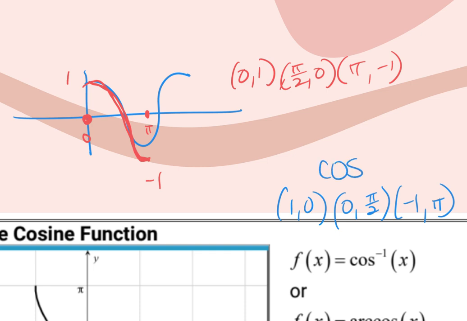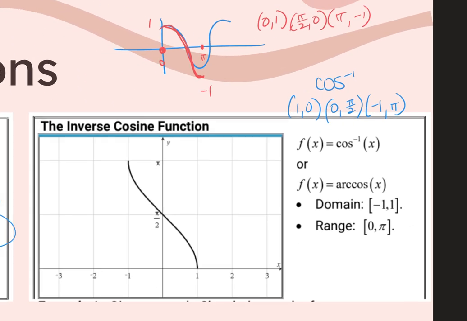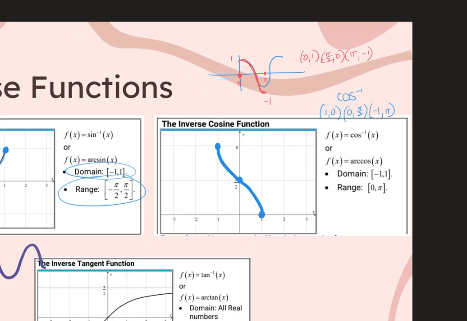These would be the cosine inverse points. So if you look at the graph, 1, 0; 0, pi over 2; negative 1, pi. This is kind of the flipped version of your sine curve, and it all stays above the x-axis. So my curve goes from negative 1 to 1 above the x-axis for cosine.